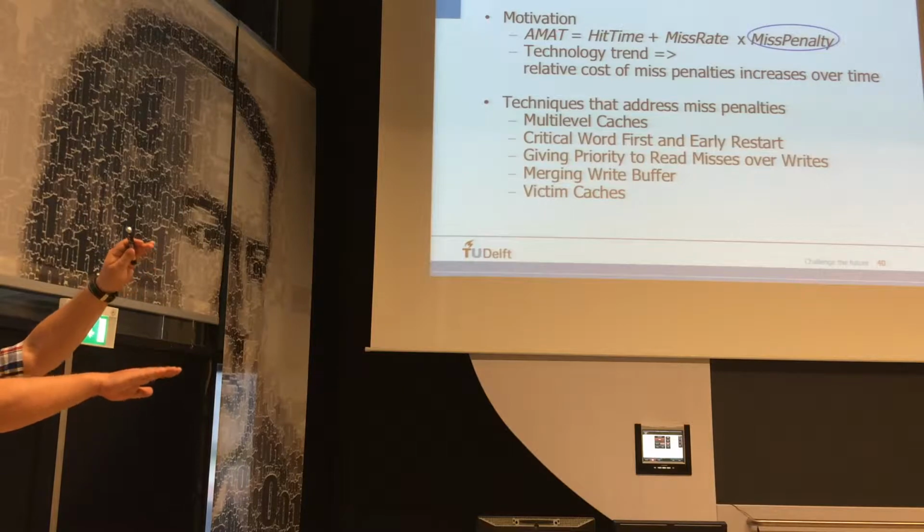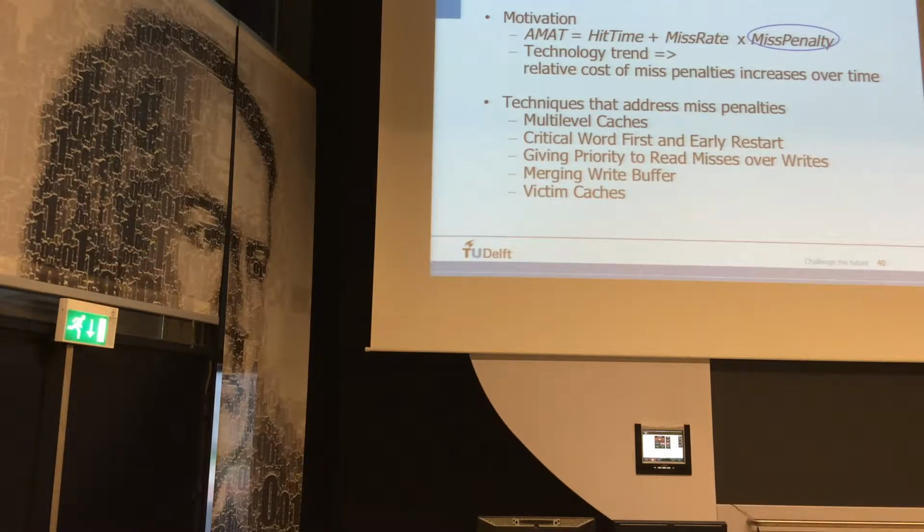The distance between them is getting larger as the technology evolves. Then we have to try to do things, because with the evolution of the technology, this parameter is actually getting worse. And there are a couple of methods to do that, and we'll talk about them.